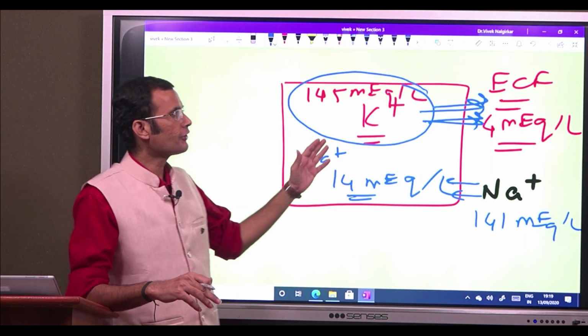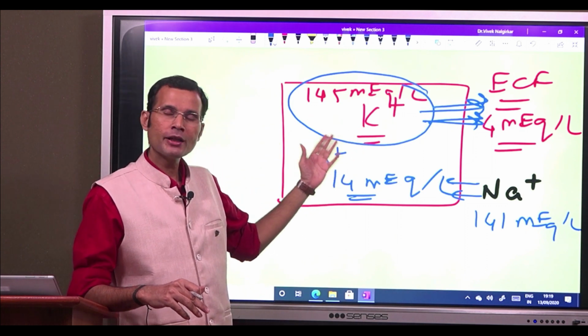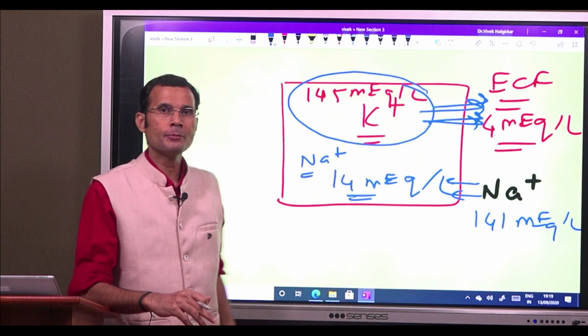Look, the concentration gradient for potassium is already favoring potassium going from inside to outside.